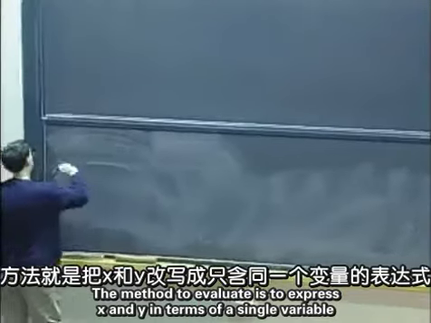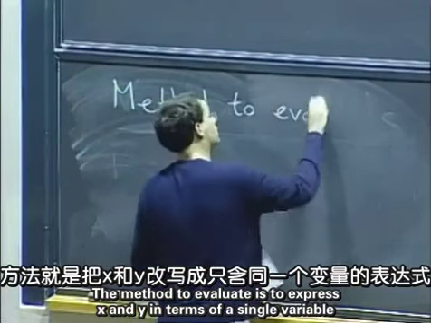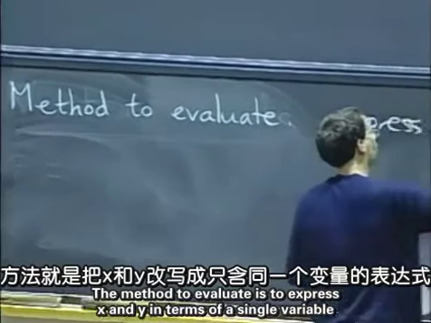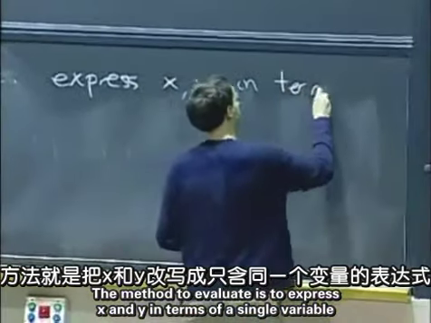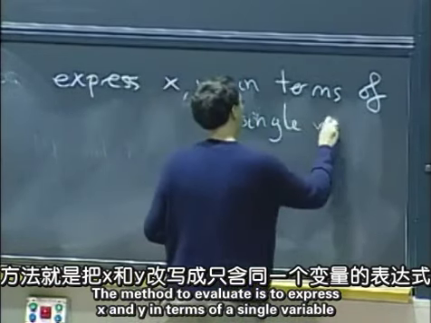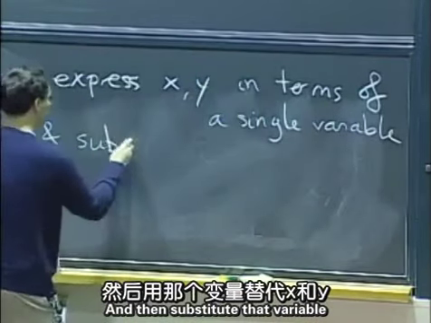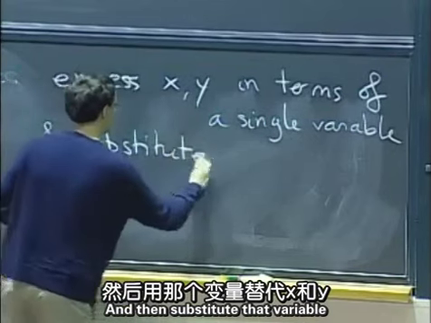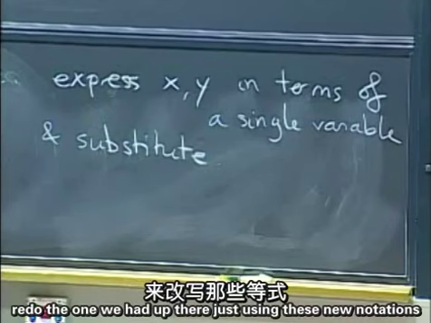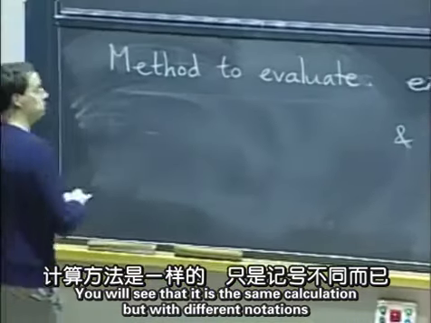The method to evaluate is to express x and y in terms of a single variable, and then substitute that variable. Let's, for example, redo the one we had up there, just using these new notations. You'll see it's the same calculation, but with different notations.